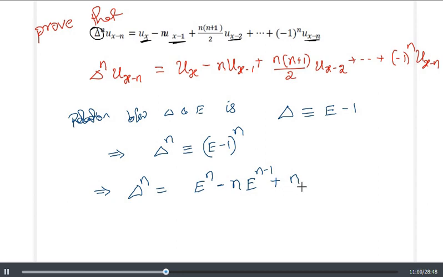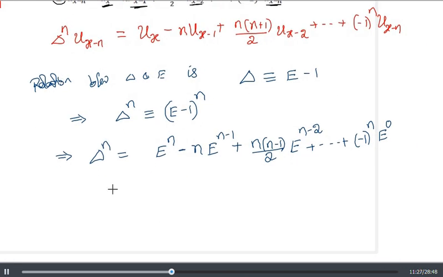That is n choose 2. If it is n choose 2, what is the formula? n into (n minus 1) by 2. But here we have the reverse, n into (n plus 1) by 2. But anyway, let me see what is happening here. This is E power (n minus 2), plus and so on, plus (-1) to the power of n into E to the power of 0. That's what we can see.